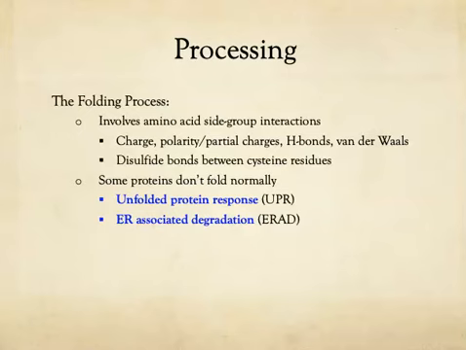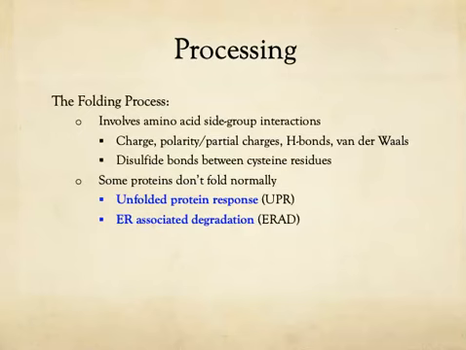The charge of the R groups, the polarity or non-polarity of the R groups, all of that matters. Hydrogen bonds and van der Waals interactions are going to hold those R groups together in the ultimate folded version of the protein and allow it to do its job correctly.